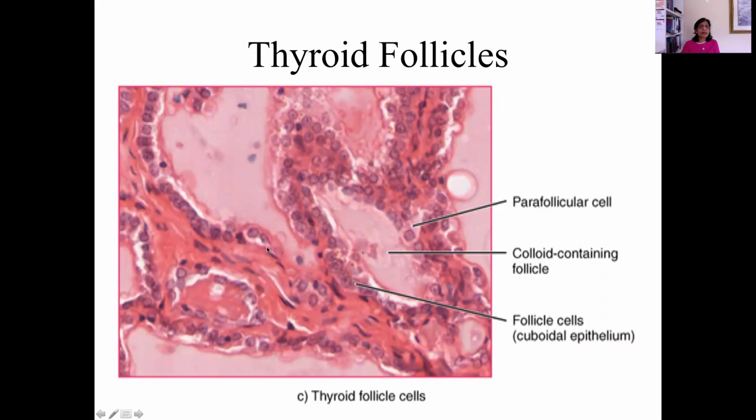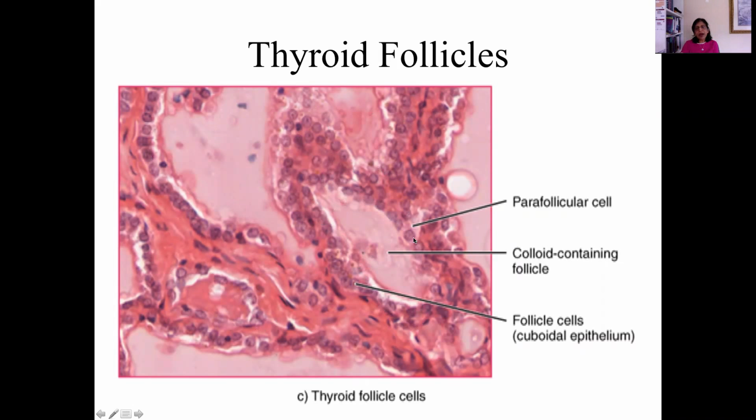Follicles are oval or round or irregular shaped structures lined by a single layer of cuboidal epithelium, simple cuboidal epithelium.